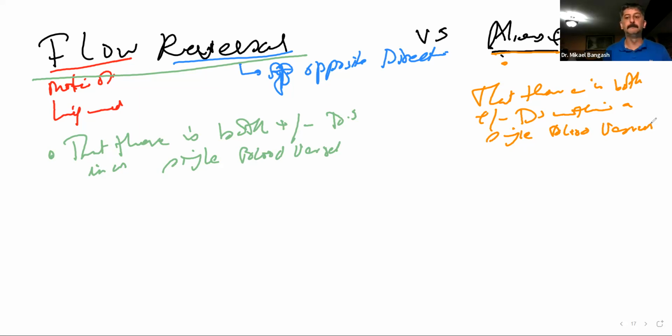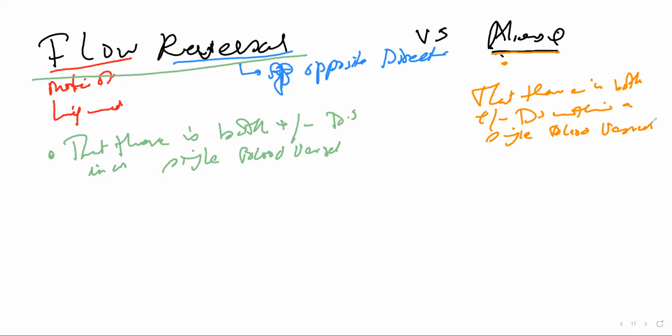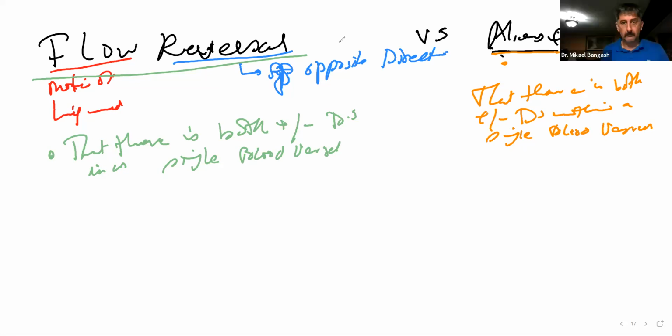Did that make sense? Yeah. Good. So how would we know whether the blood vessel that we see shows what we call flow reversal or aliasing?